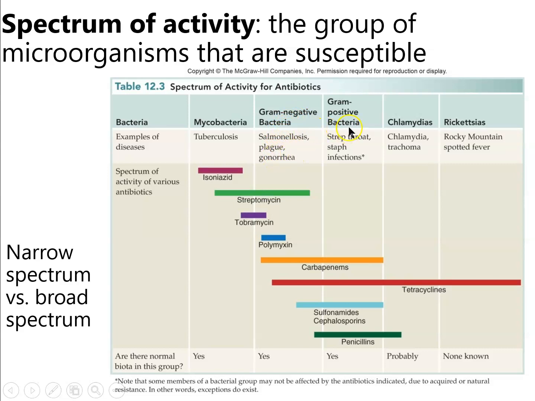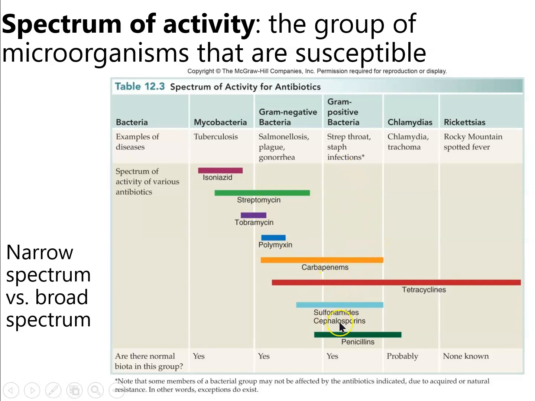Gram-positives have a thick layer of peptidoglycan, and it's hard for a lot of molecules to get past that. They also have different surface carbohydrates and surface proteins. And so molecules are going to interact with gram-negatives and gram-positives and all these other ones differently. And that's why we can have a lot of different antibiotic molecules that have a different spectrum of activity.